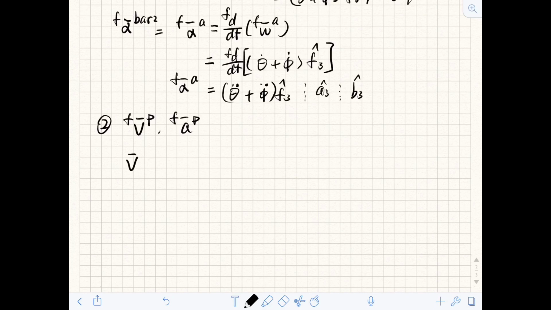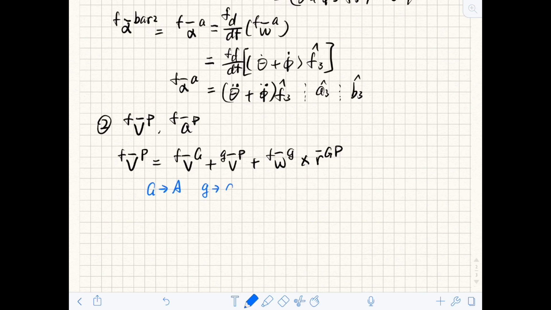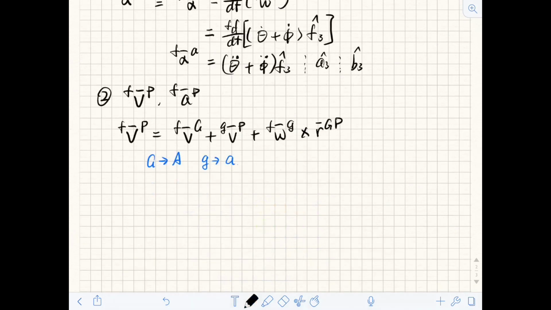We have velocity of point P in F equal to the velocity of some g in F plus the velocity of point P in G plus the angular velocity of G in F cross R G P. So for our problem, the G is equivalent to A, which, given a small case g, is also A. Then we can rewrite the velocity expansion.